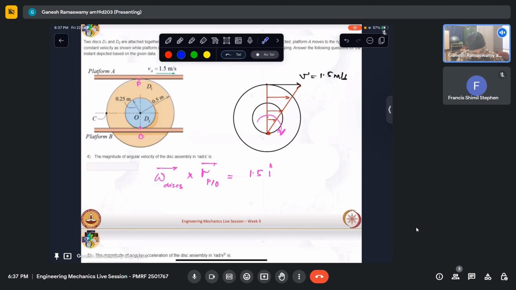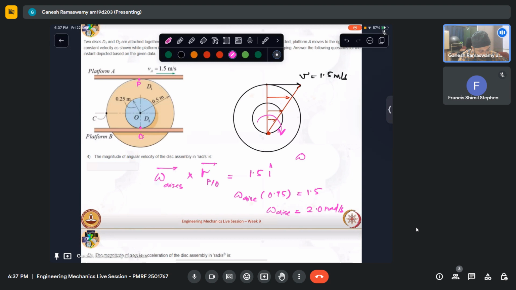Since I have been asked only magnitude, I need not go with some big vector analysis. I can simply see that omega disk into 0.75 gives me 1.5. So omega disk is 2 radians per second.